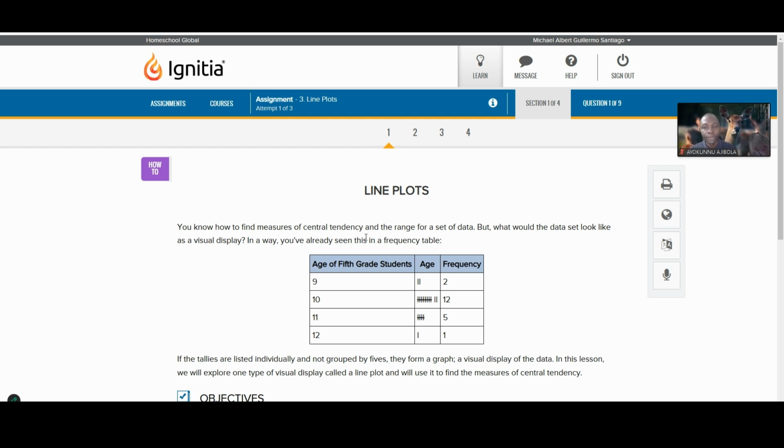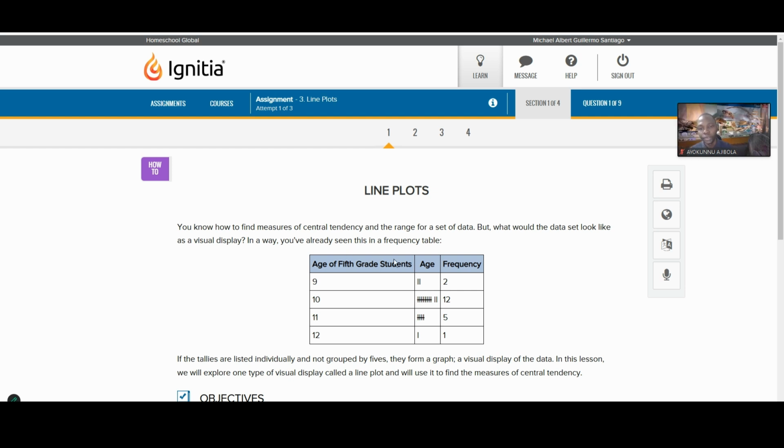We already know how to find the measures of central tendency and range for a set of data, but what would the data set look like as a visual display, like in the form of a table?